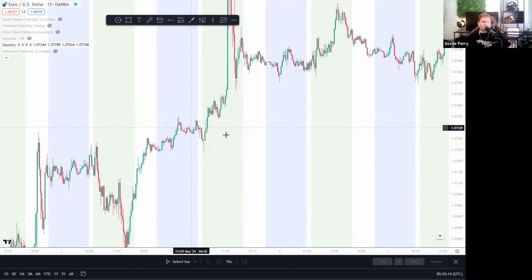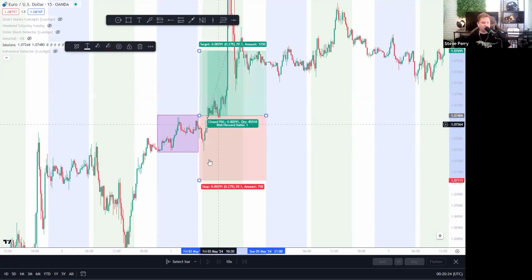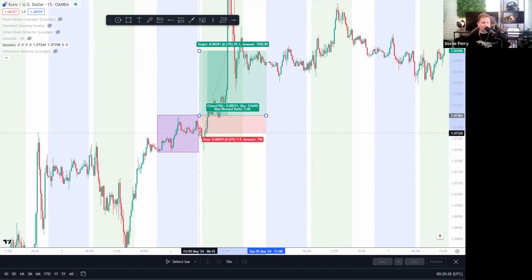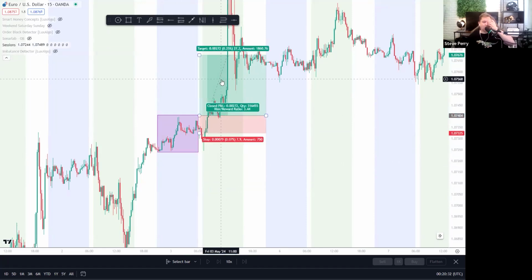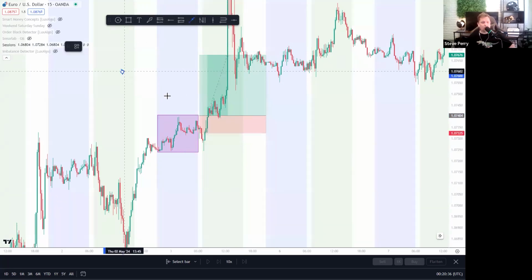So what's the ideal scenario? The ideal scenario is you set up your Sydney box and then the market triggers into your buy, which this did right here. You have your stop loss about halfway through and you have your 1 to 3 RR ratio right here and you hit your take profit. That's the ideal scenario. This is an ideal day right here.